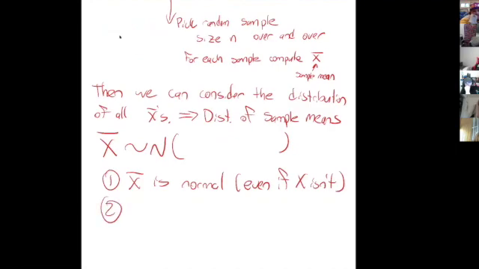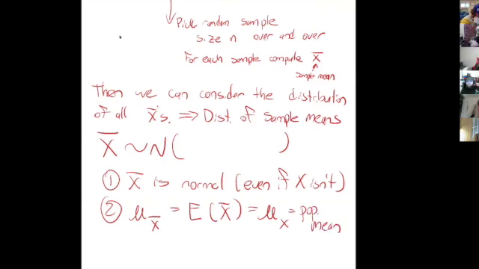We observed that the mean of this sampling distribution, in other words, the expected value of the sample mean, is going to equal the population mean. We would expect our samples to have a mean similar to the population. So the center of that normal distribution is going to be at the population mean.